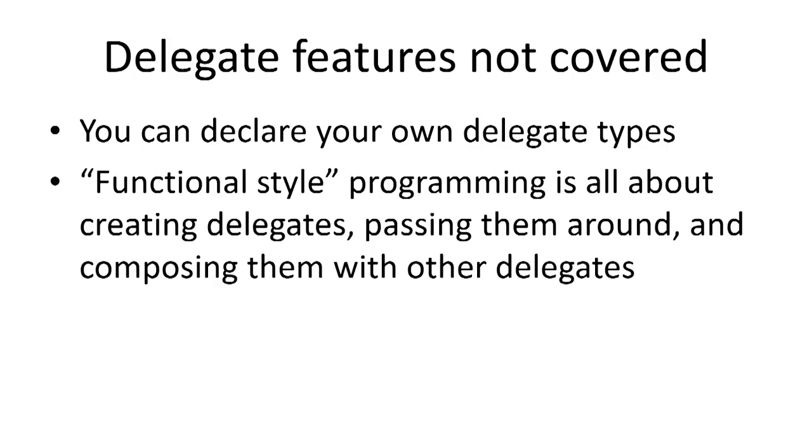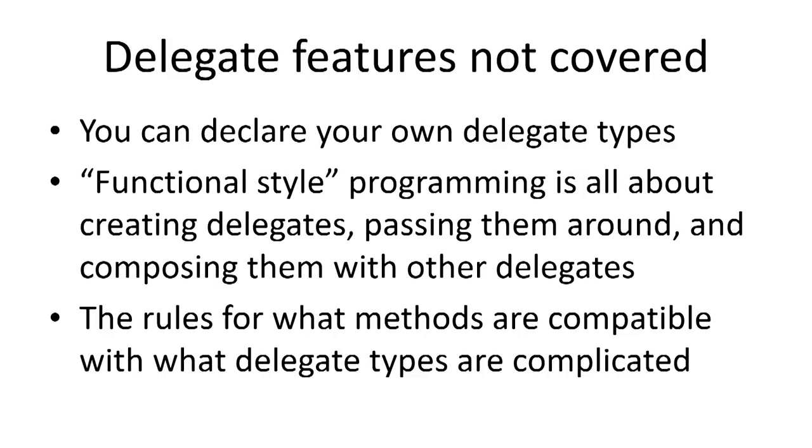And functional style programming is really all about creating delegates, about passing them around, about making delegates that call other delegates, and all kinds of crazy things like that. We're going to talk not at all about functional style in this course. And finally, the rules for how can I say, well, I would like a delegate of this type to refer to that method. How do I do it? Those rules are pretty complicated, and we're not going to talk about them in this course.